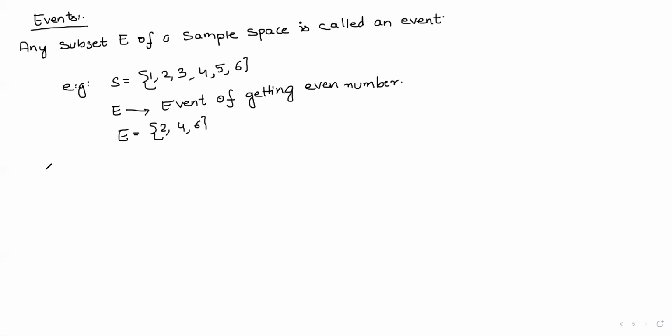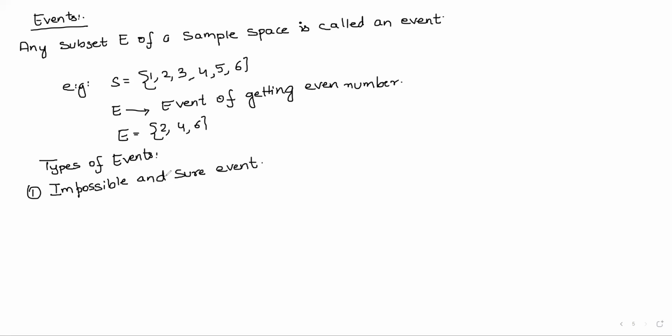Done. Okay, next is types of events. So the first one is impossible and sure event.